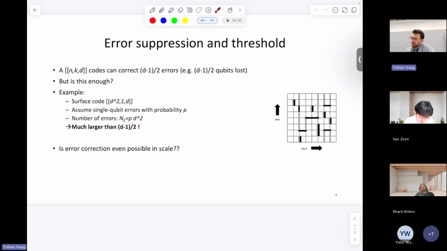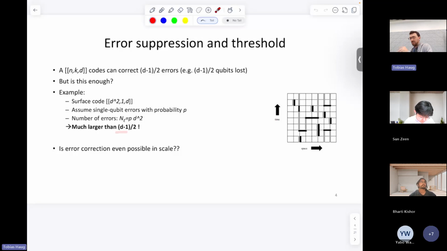So in other words, as we scale up our code, let's say our surface code, the number of errors will grow much faster than the code distance. So we get more and more errors, but the capability to reliably correct errors doesn't grow as fast. Meaning if we look at simply these numbers, then it seems that as we scale up, we have a problem here.